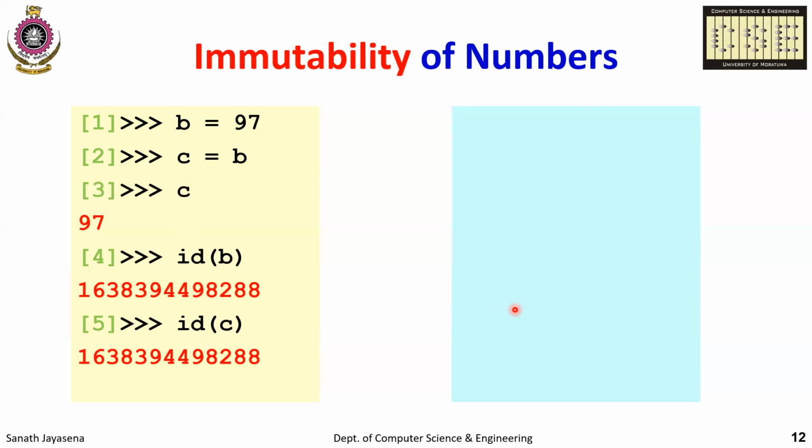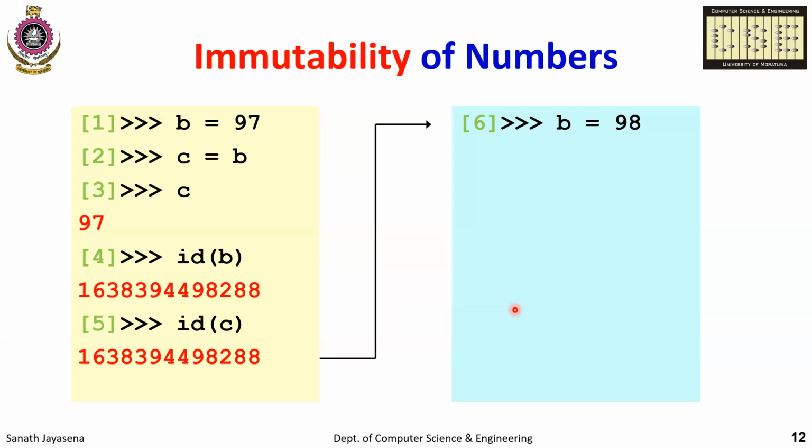That means there's a single object. Now let's try to do something, because we are talking about immutability, right? Now let me try b equals 98. What will happen, do you think? We say numbers are immutable. Now when I try b equals 98, what will actually happen?